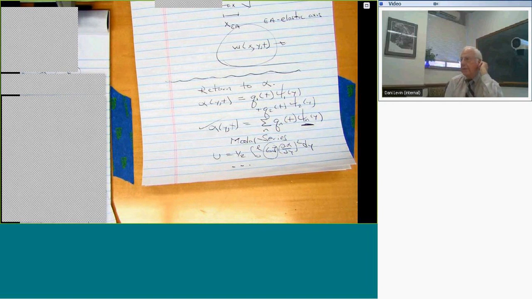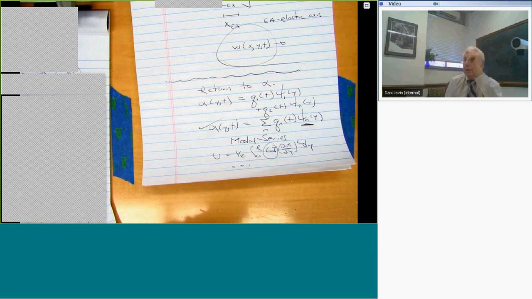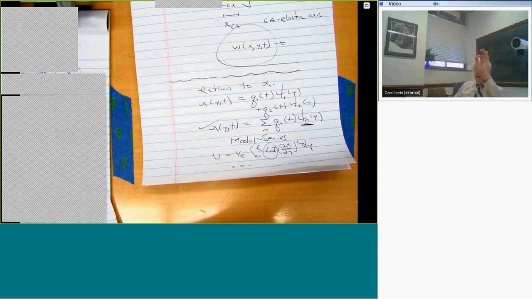That's really nice. And if it turns out I only need one term in the series, then if you look at the equation of motion for just one term in a series like this, it will mathematically look just like our spring mass model.